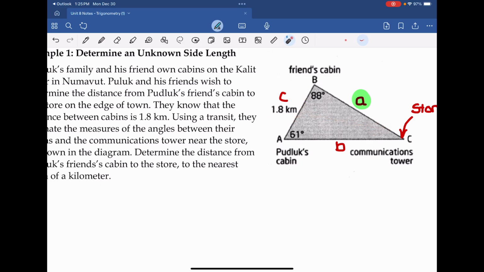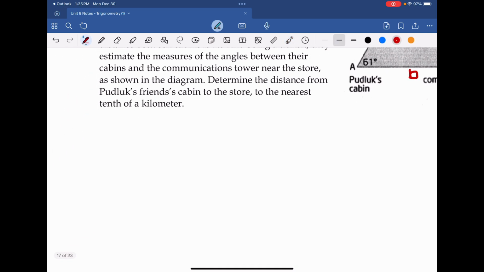What we're going to use is triangle sum theory from Math 10C to figure out what this angle here is, so that we can use this pairing with this pairing to help us solve for A. So let's do that right away here. We're going to go step number 1. Let's use triangle sum theory.